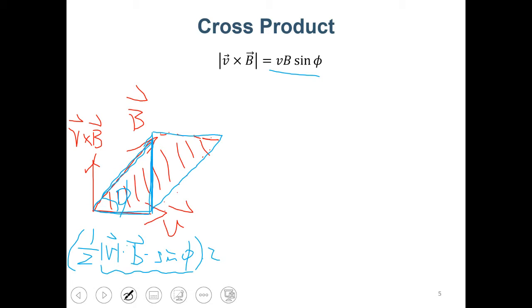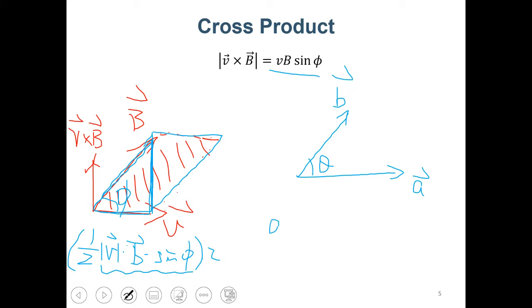And in the previous chapter, you have known that we have another operation called the dot product. Suppose we have A and B, and the angle between them is theta.